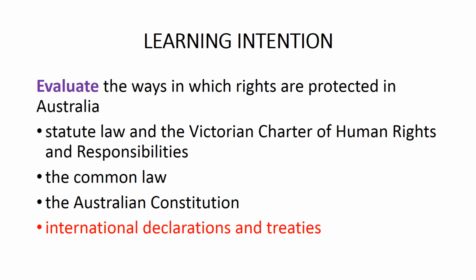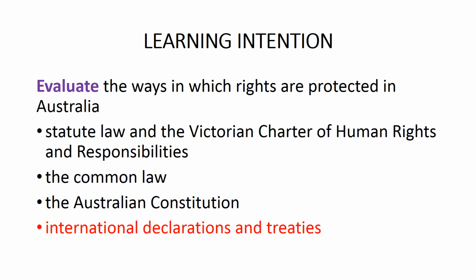In accordance with the learning intention, you should now be able to evaluate the ways in which rights are protected in Australia through international declarations and treaties. In previous videos, I have provided you with a table that sets out the strengths and weaknesses of statute, common law, and the Australian Constitution in protecting rights in Australia.